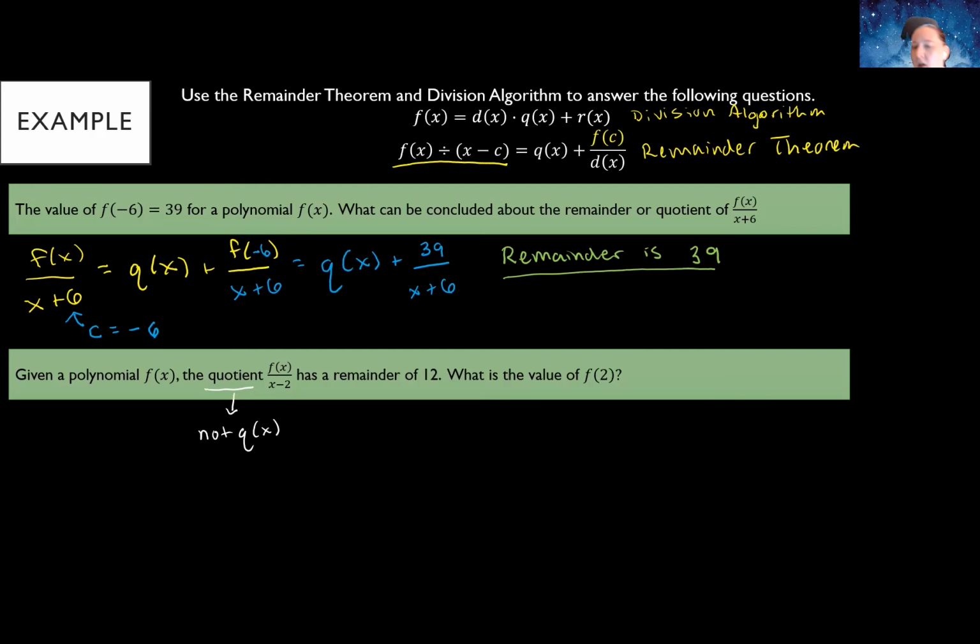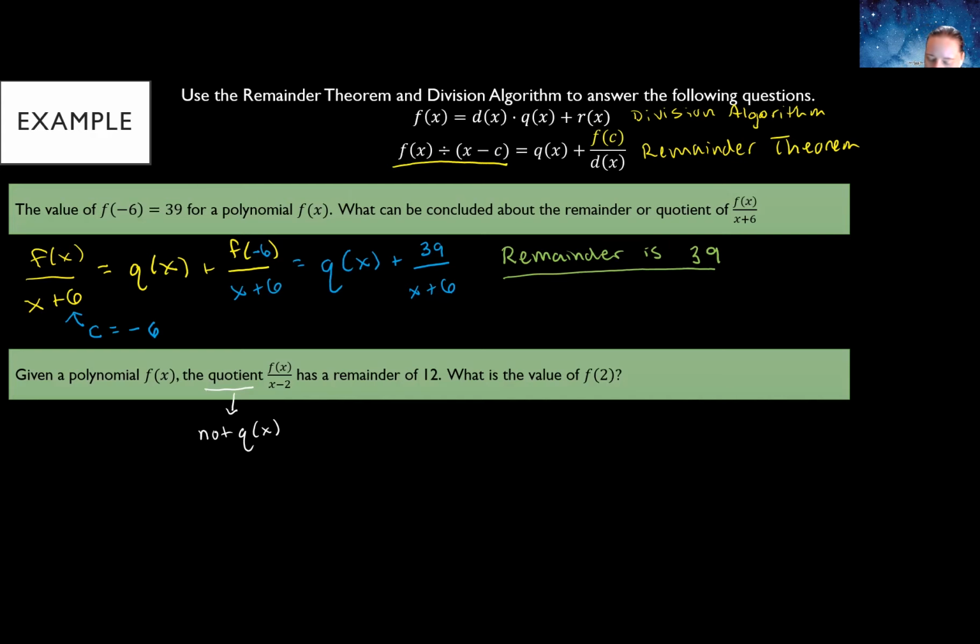It's just telling us that what follows is a fraction. It's not telling us that q of x equals f of x over x minus 2, because q of x has to be a polynomial, so it's not a fraction. It's using quotient in a different way, so just don't get confused there.